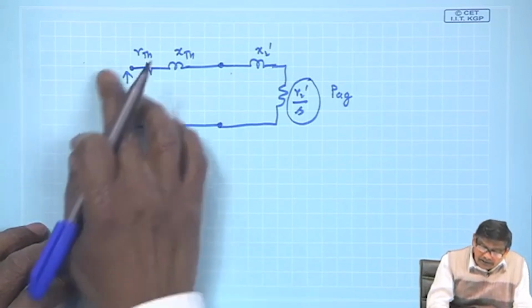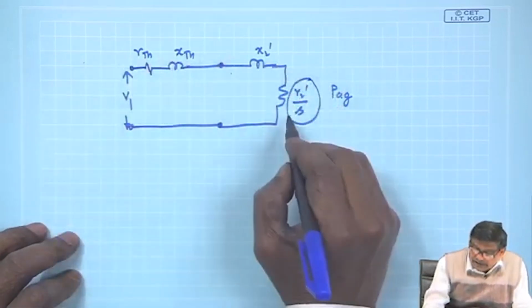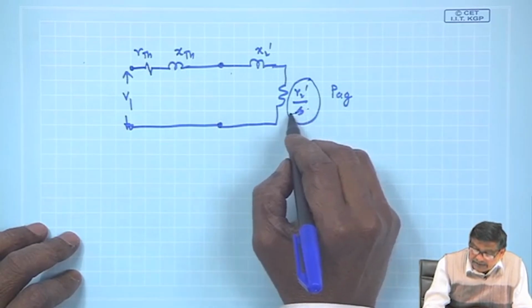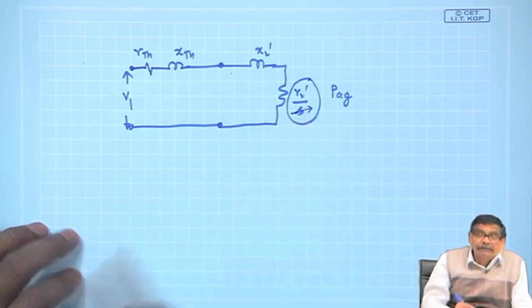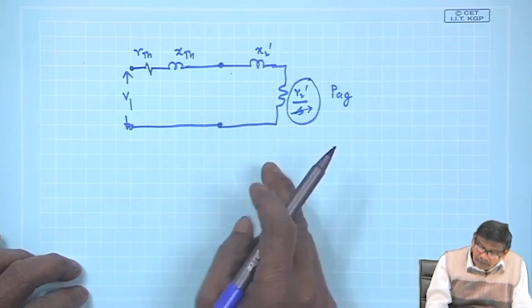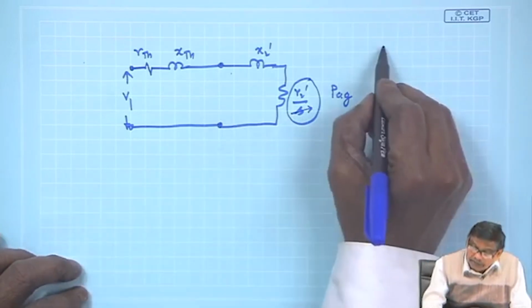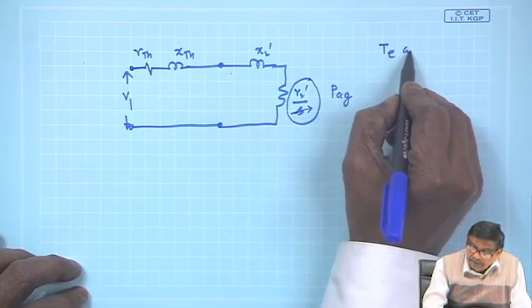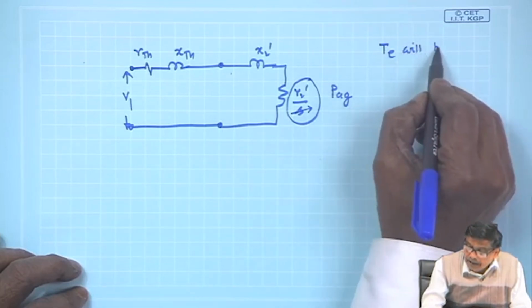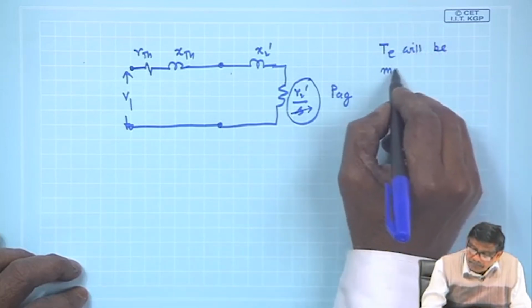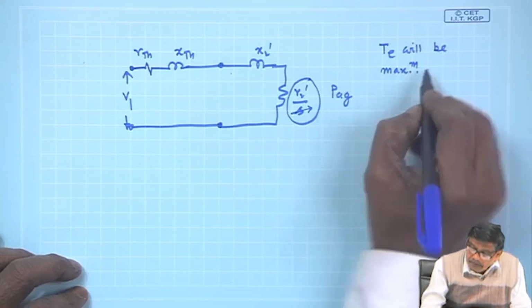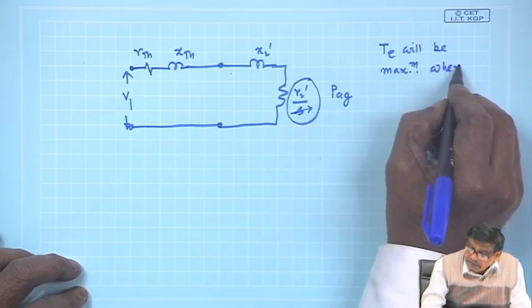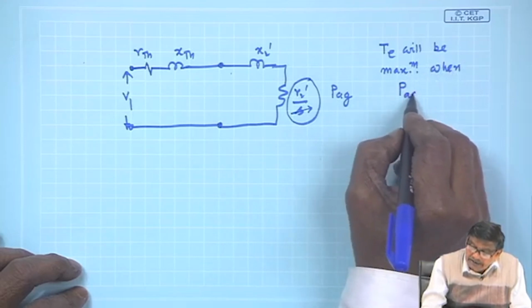Therefore, if you look at this equivalent circuit in which I am varying S here, torque TE will be maximum when PAG is maximum.